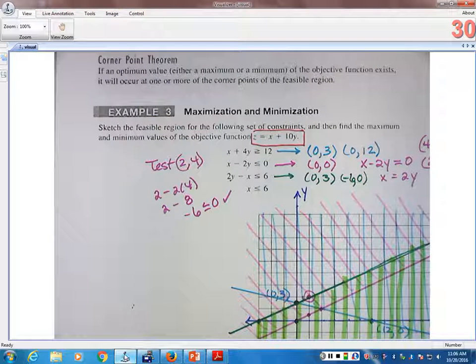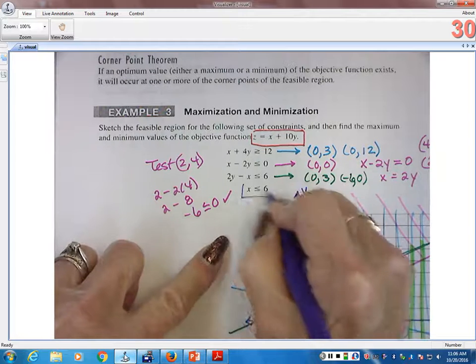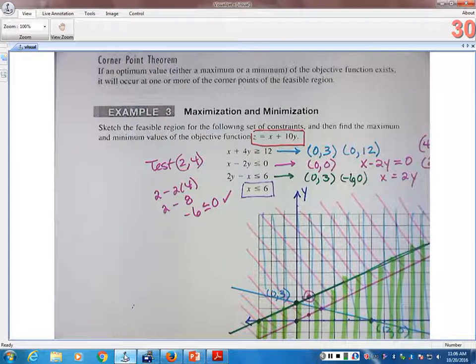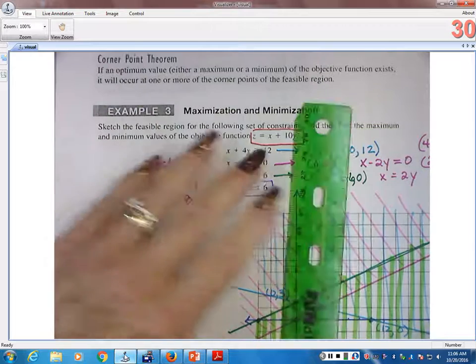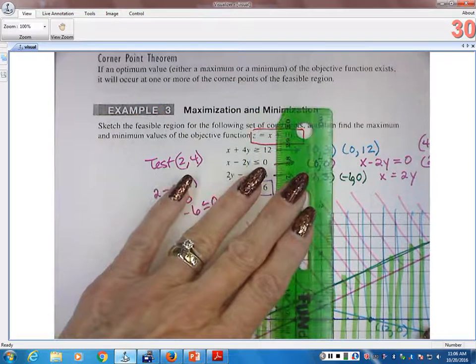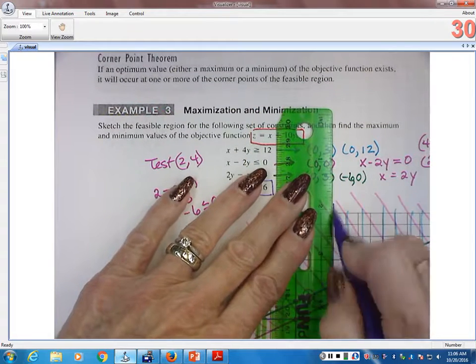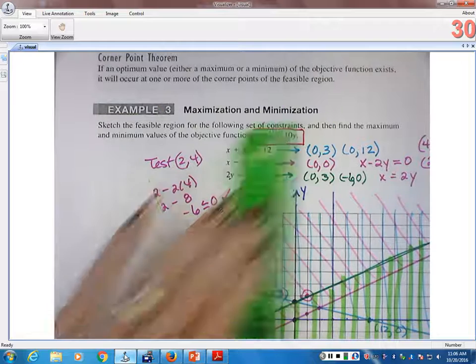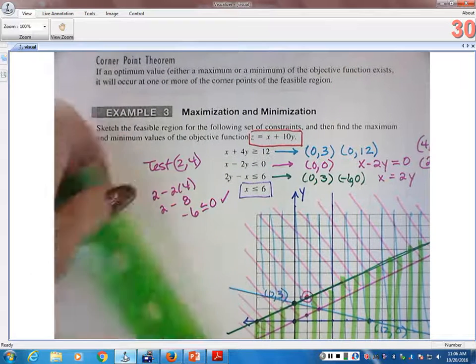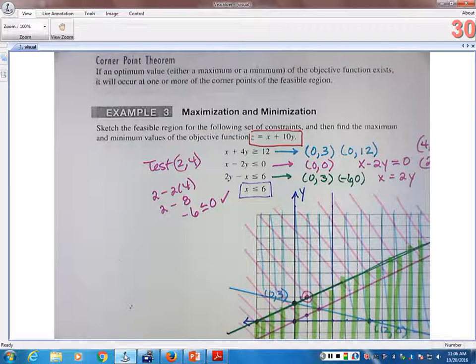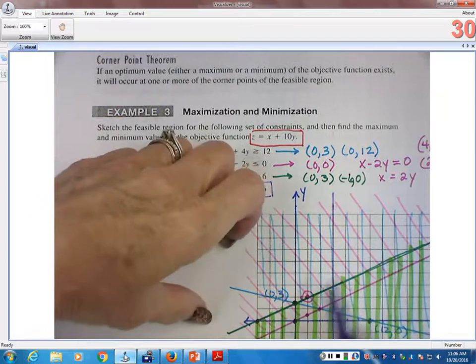And then I have one more constraint, and that is that x is equal to or less than 6. That's just going to be a vertical line, and it's going to go this direction.